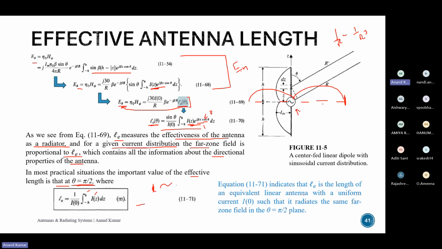From this expression, it indicates that the effective length is the length of a linear antenna with a uniform current I naught such that it radiates the same far zone field at pi by 2.